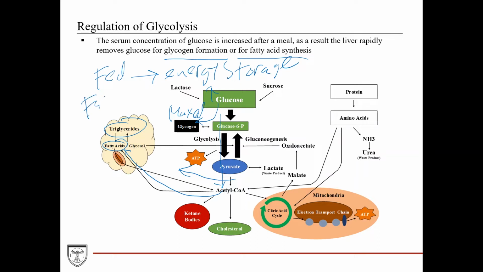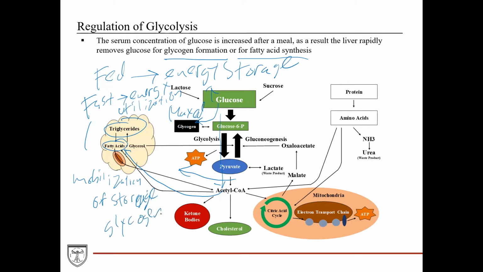Versus the fasting state, which is energy utilization and really the mobilization of storage, which are essentially glycogen and fatty acids. Those are the two main ones, and in really severe cases, you can have amino acids as well.